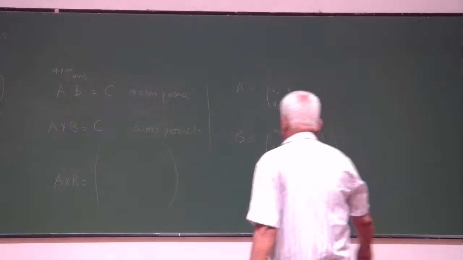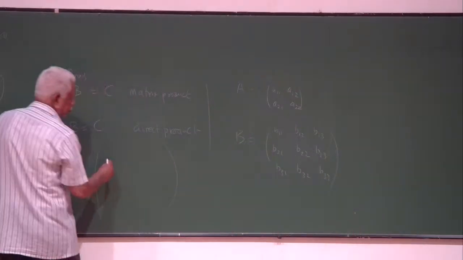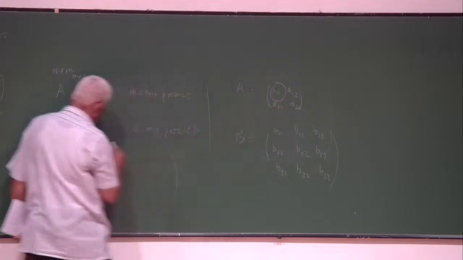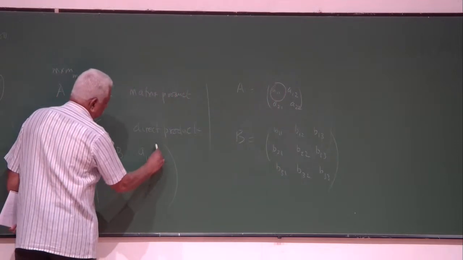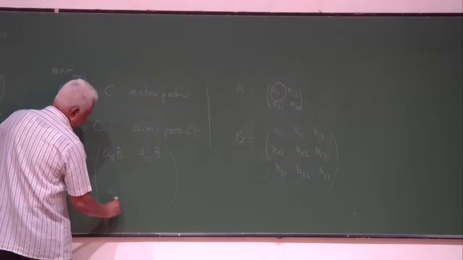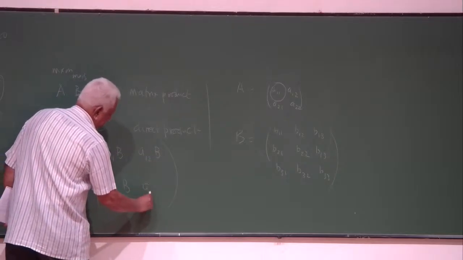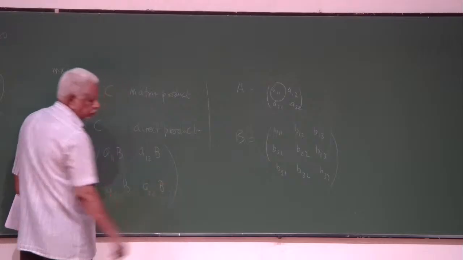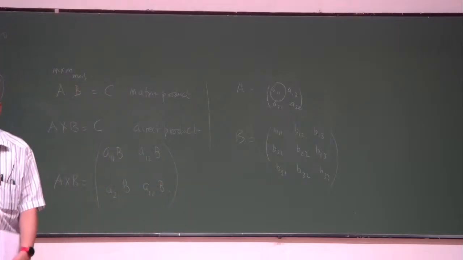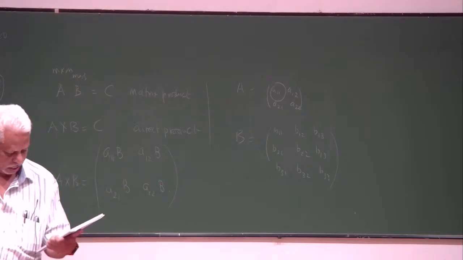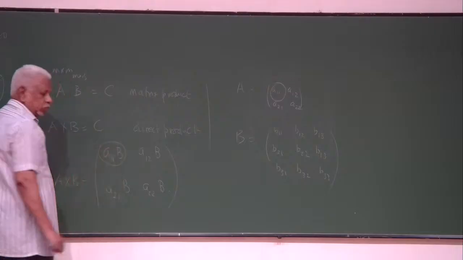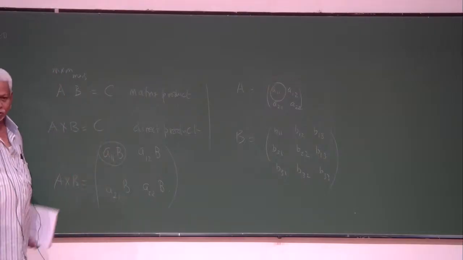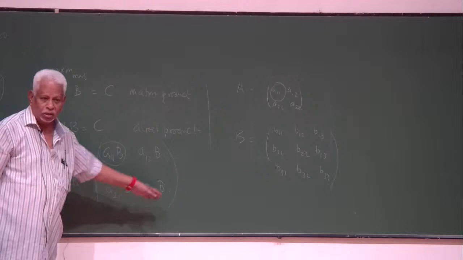A cross B is A11 multiplied by B, A12 multiplied by B, A21 multiplied by B, A22 multiplied by B. Remember, B is a 3 by 3 matrix, right? For your benefit, I am going to write only A11 B for this alone. You can write the same way for all the three.